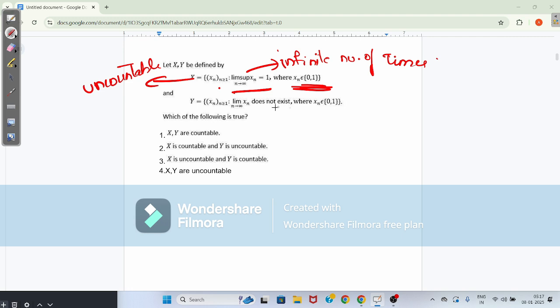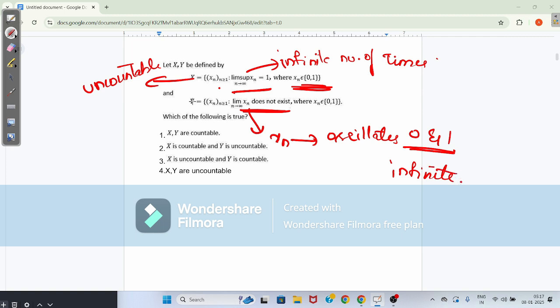Now when this limit does not exist, this value of xn oscillates between 0 and 1 many times, an infinite number of times. So this value is also uncountable. So here x and y values are uncountable.